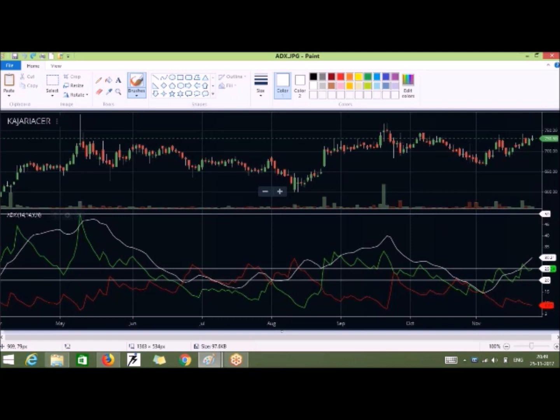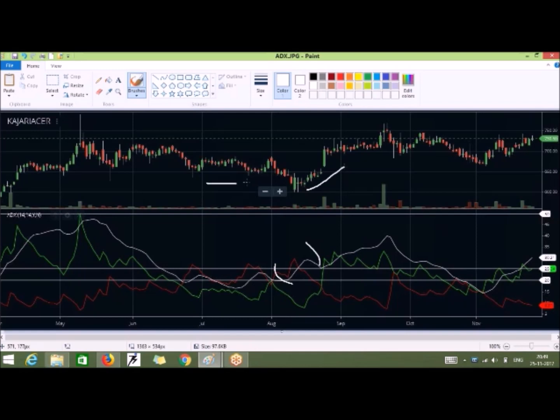Whatever the strength may be, it indicates that the trend being carried forward is strong enough. In this case you can see that it is above 20.